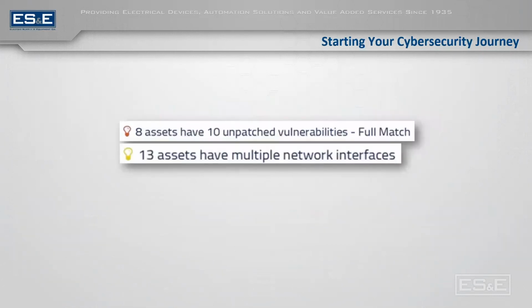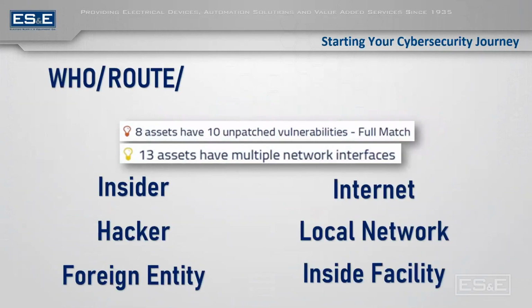So when we understand what our vulnerabilities are, what we have to start thinking about is how could they be attacked? So who would do it and what route would they take? Is it an insider? Is it somebody that's disgruntled? Is it a low to mid-level hacker, or is it the foreign nation state we talked about? And how are they going to get there?